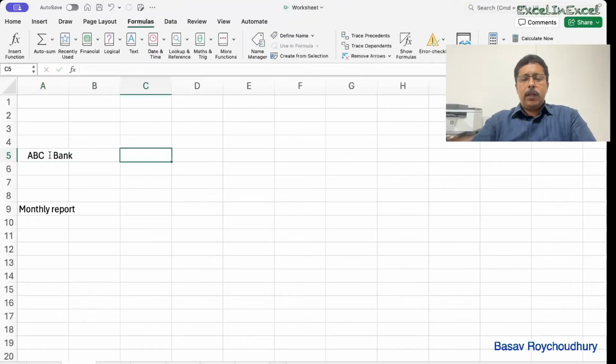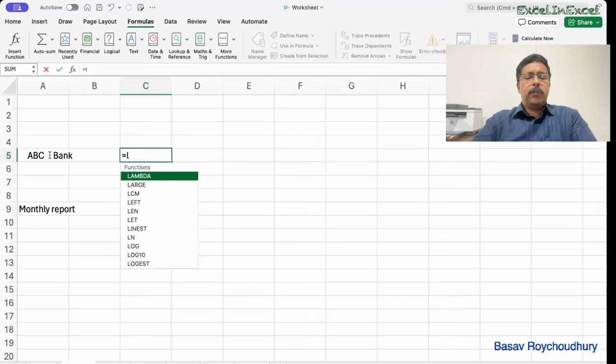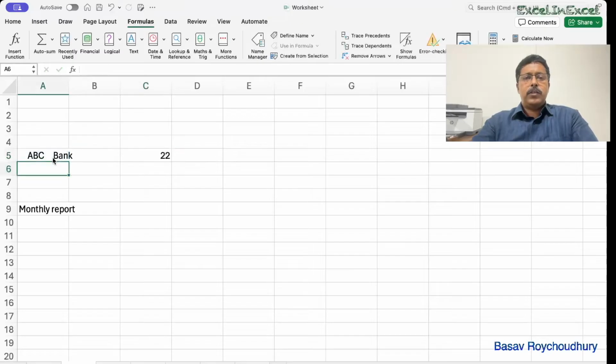Now if I look at the length of this particular ABC bank, as you can see, it has 22 characters. Why? 5 spaces plus 3 of ABC, 8, plus another 5, that makes it 13, then 4 characters of bank, so that makes it 17, and another 5 characters, so 17 plus 5, 22. So along with the blank spaces, there are 22 characters here.